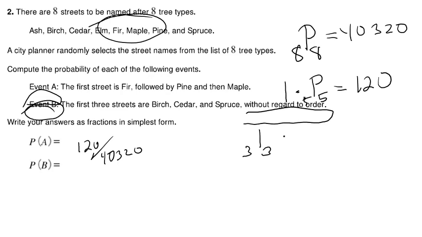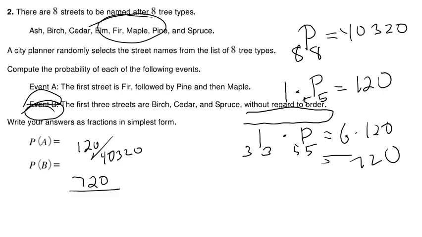Well, we still have the other 5 streets that have to be named, right? From the remaining 5. So the first 3 pick 3, 6, times 120, and we get 720 ways. So 720 divided by 40,320.